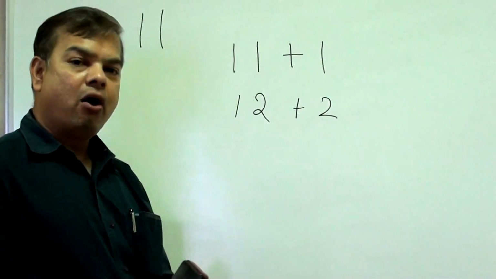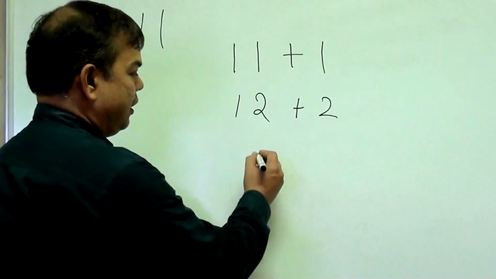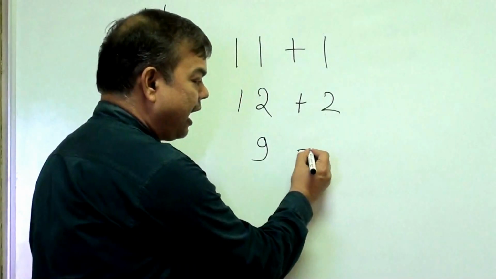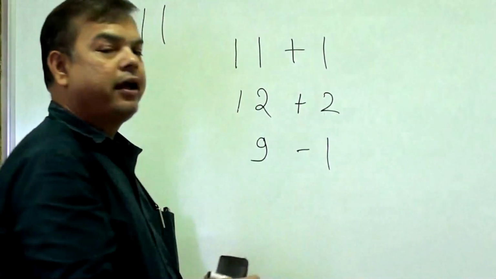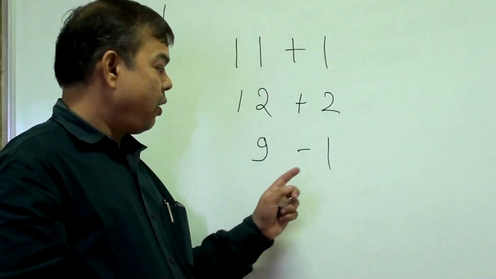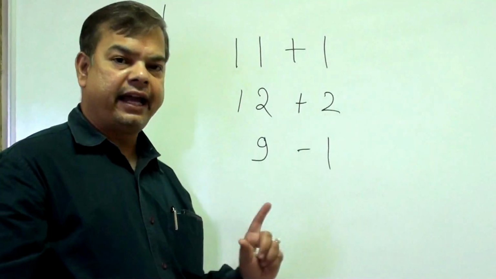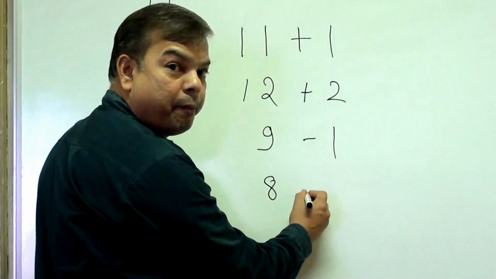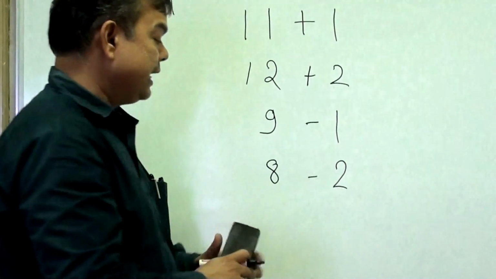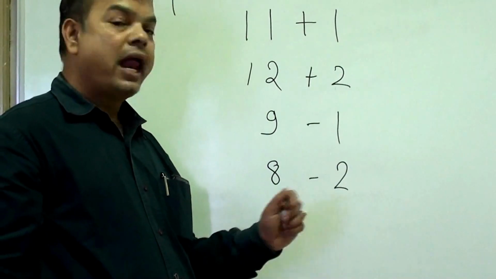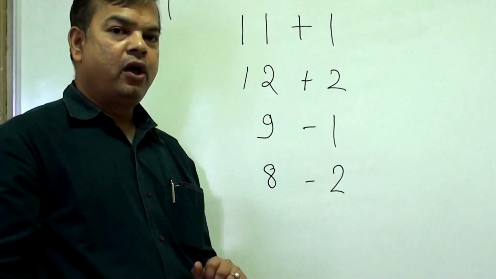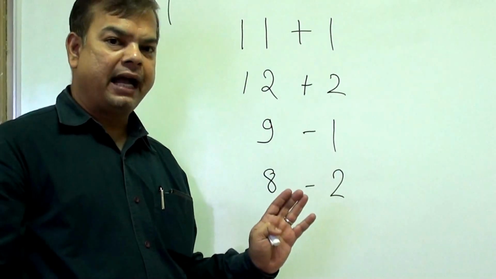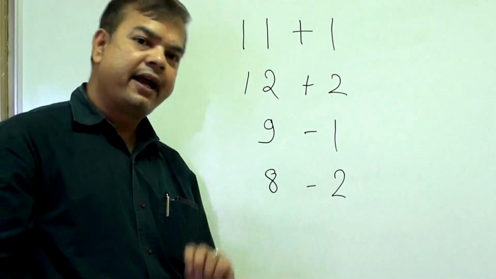Now let's see how to write 9. Now 9 will be written as 9 minus 1. That is 9 is 1 less than 10. 8 can be written as 8 minus 2. That is 8 is 2 less than 10.